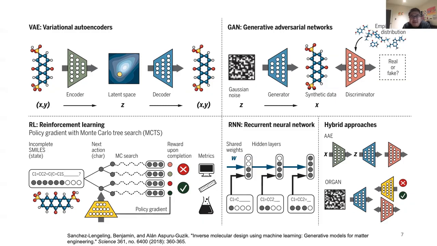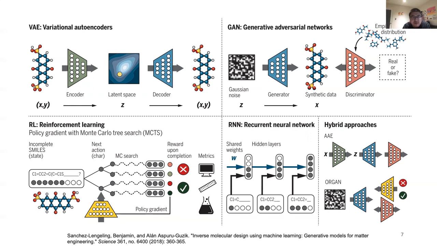And GAN stands for generative adversarial network. There is no chemical validity guarantee for this method, and sometimes it may cause mode collapse, and it tends to generate duplicated molecules, which in turn makes GAN only able to generate few novel molecules.